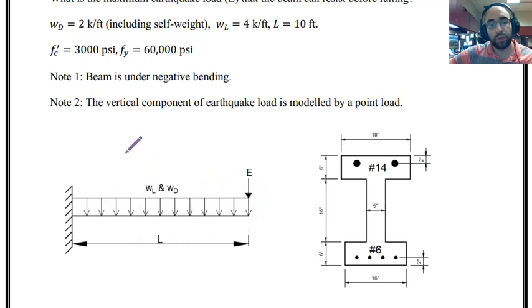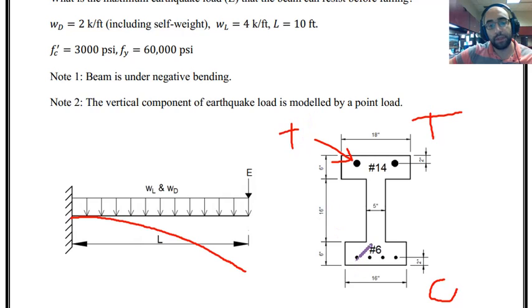Loading is shown, and the way the beam is going to deflect is like this. So as you can see, for this section, top of the beam will be in tension and bottom of the beam will be in compression. So we are facing negative bending. And we can also say that this reinforcement is tensile reinforcement and this reinforcement is compressive reinforcement.